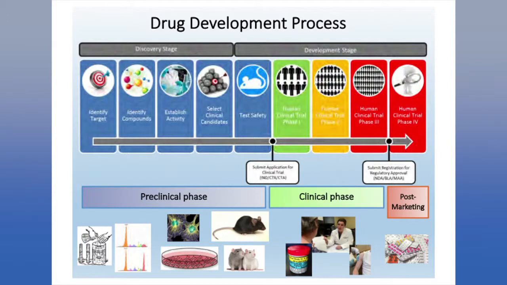Well, as you know, the drug development process is a very long process and very costly. It involves a developmental stage where people identify the compounds which have biological activity, and they are tested for the various ways they are acting, and also whether they are safe, where there's no adverse effect.